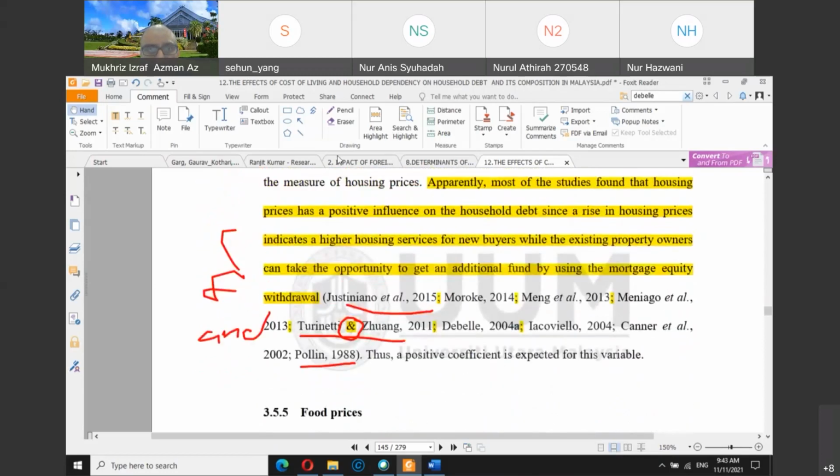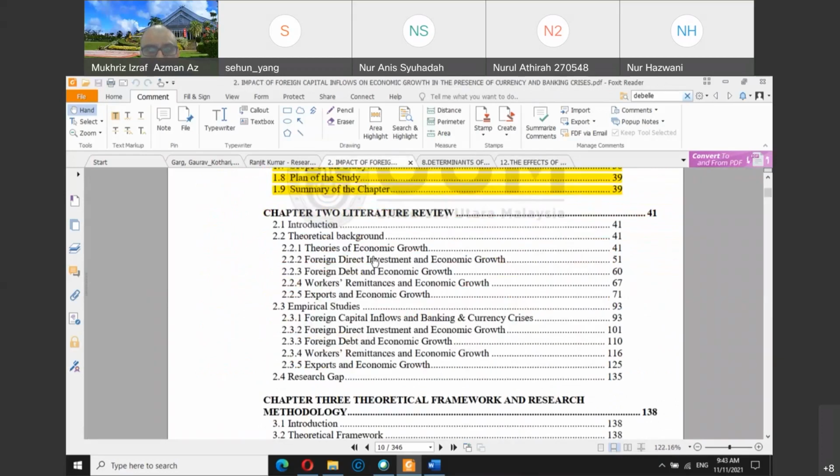Then I also mentioned last Monday about dividing your chapter 2, where the first part is according to the theory, the theory that is relevant to the issue that you are investigating. If the thesis or journal that you are referring to for your project has no particular theory mentioned, then there is something wrong with the thesis.